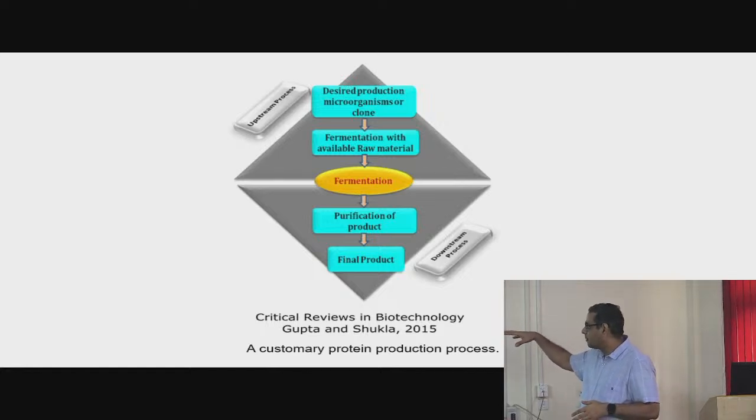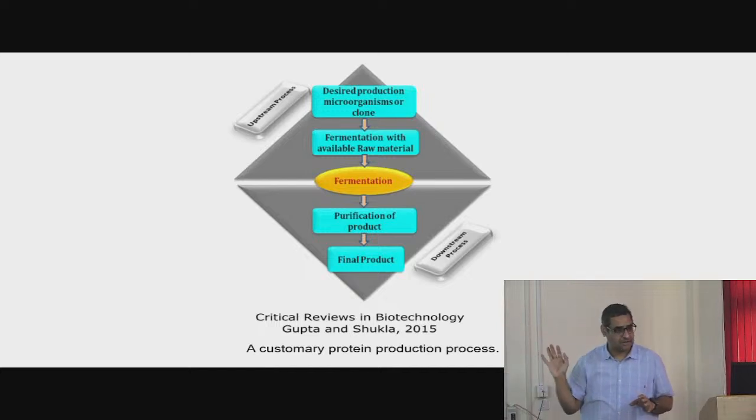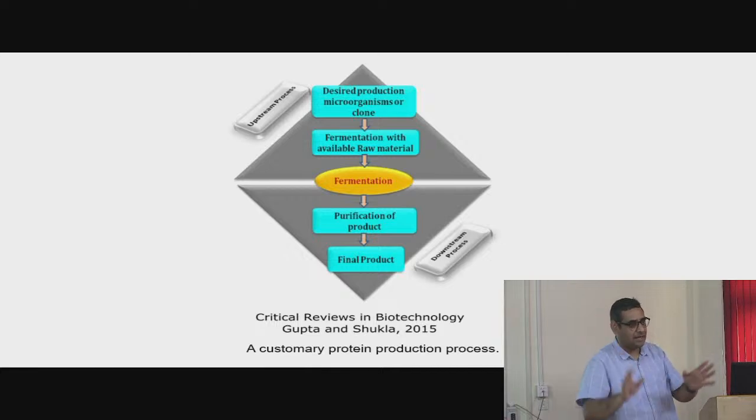First you do the desired production from a microorganism or clone, then you do fermentation, then purification, and then you get the final product. Then you market the drug, pack it and sell it. This is a normal process.